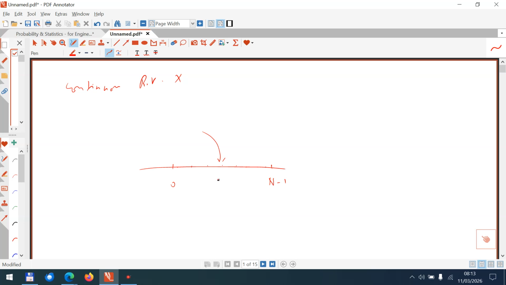How many values do you have here? Infinite. Actually, the way I asked this question, it didn't make it explicit, okay? So I will still go with a and b.